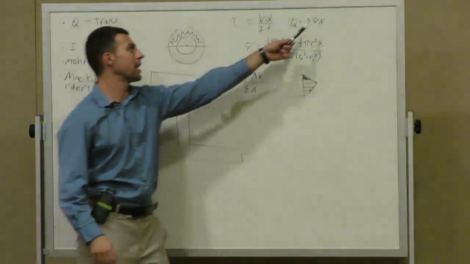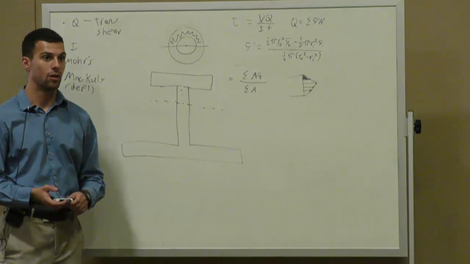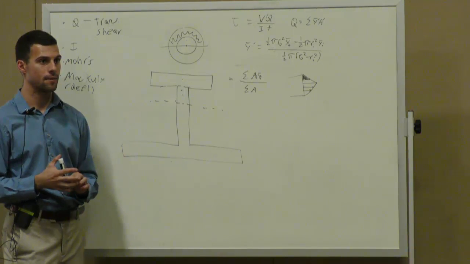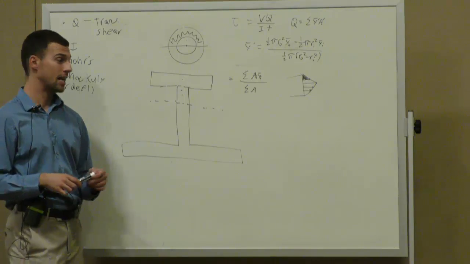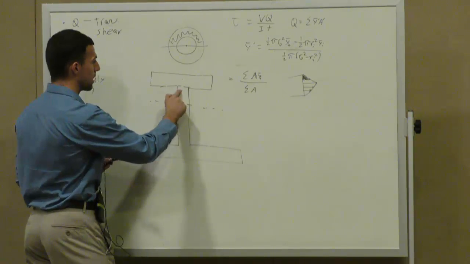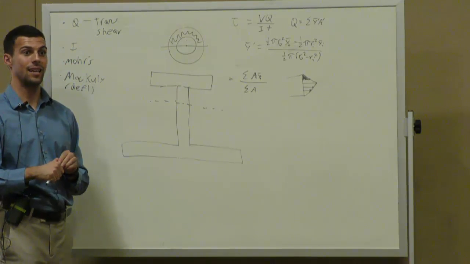So the A bar prime doesn't matter. Okay? Does the Y bar prime matter? Is the Y bar prime going to be different? Is the distance to the centroid of this going to be equal to the distance to the centroid of this? Is it?